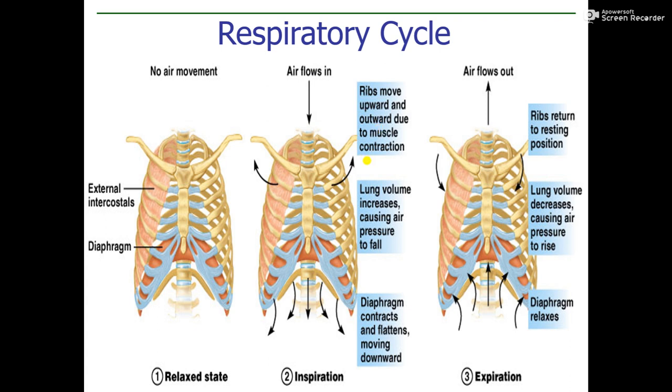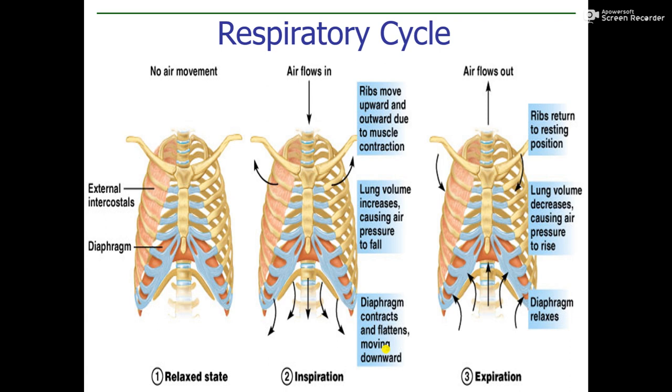So during intake of oxygen, the ribs move upward due to muscle contraction. When your muscles contract, the ribs move upward, and consequently the lung volume increases, causing air pressure to fall. After that, another phenomenon in the mechanism is that the diaphragm contracts and flattens, moving downward.